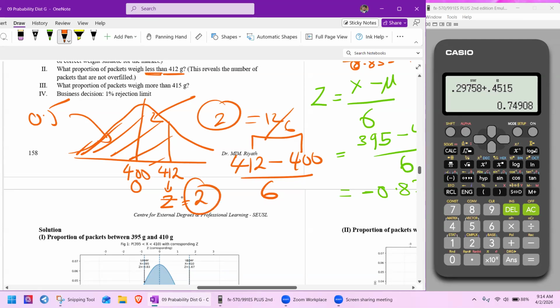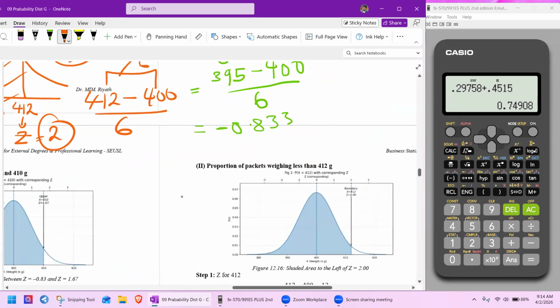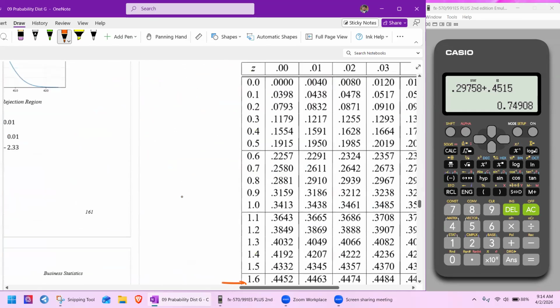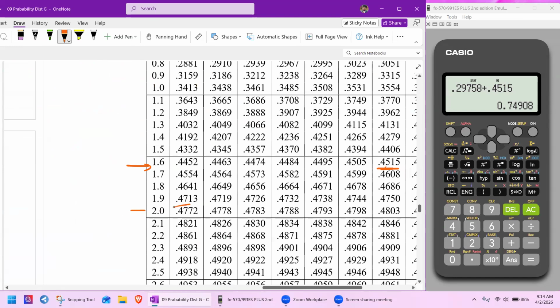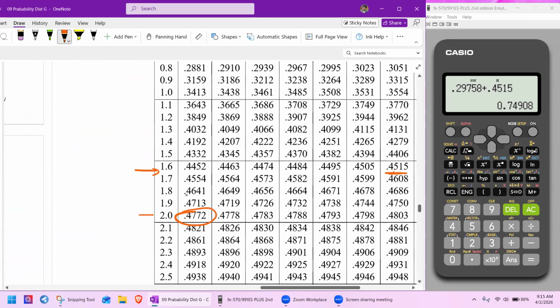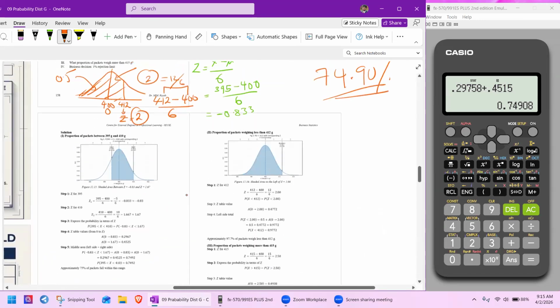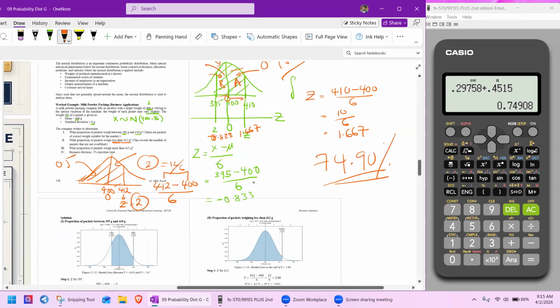You see 2 in the table, 2.0 equals 0.4772.